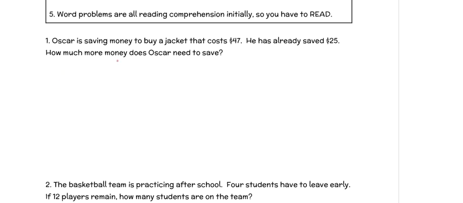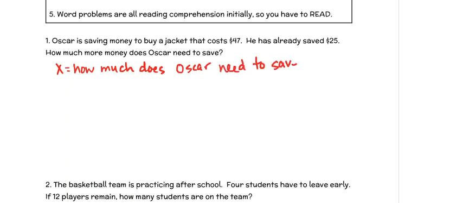So you're trying to figure out the variable X: how much more money does Oscar need to save? So that is your variable.